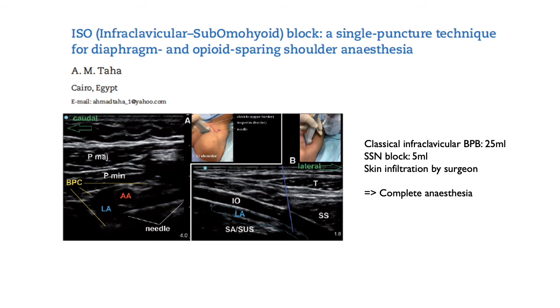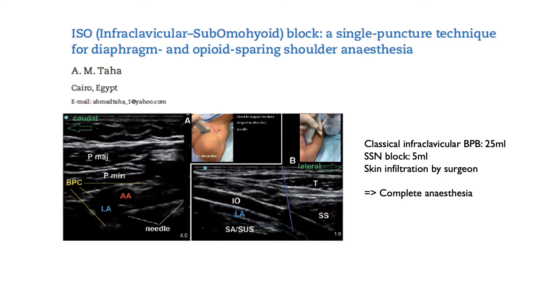And then there's another combination, another study, actually a case report from Egypt, is an anterior approach or subomohyoid approach of suprascapular block plus the infraclavicular classical brachial plexus block. What they do is they use a single puncture technique.